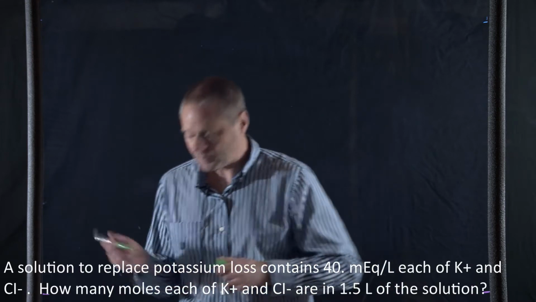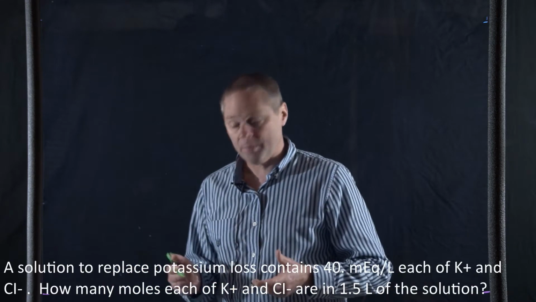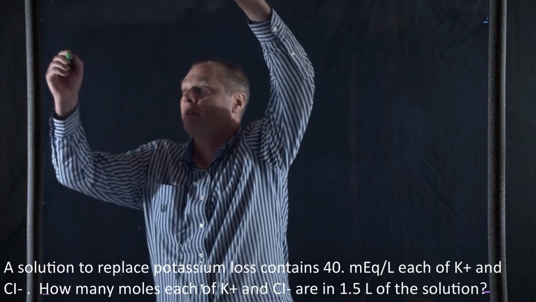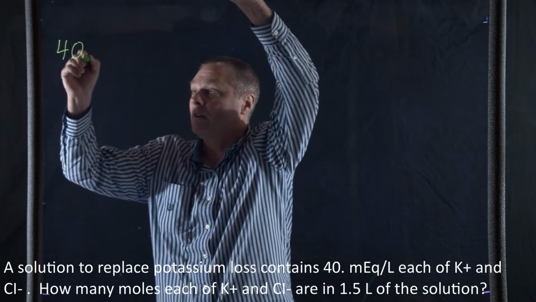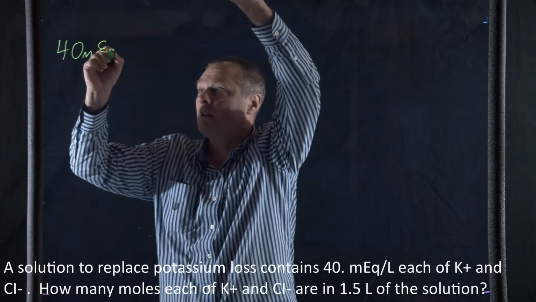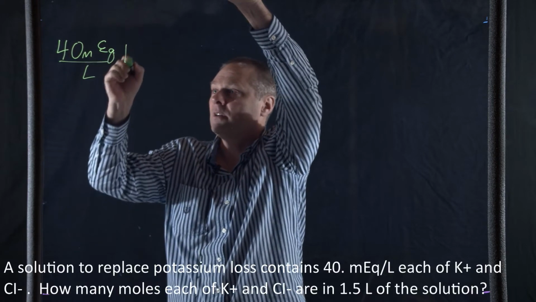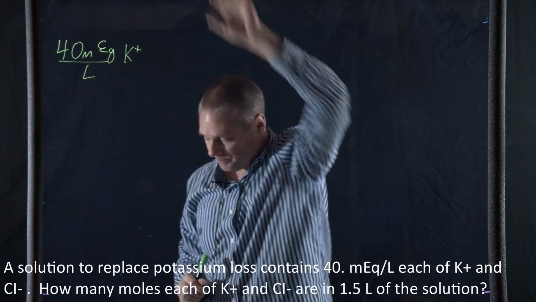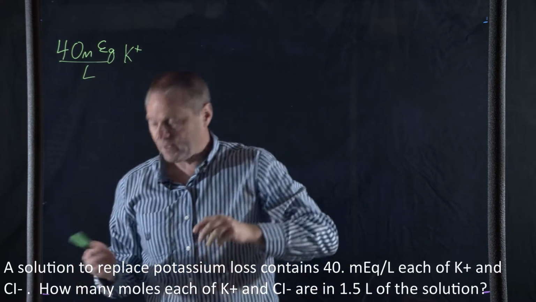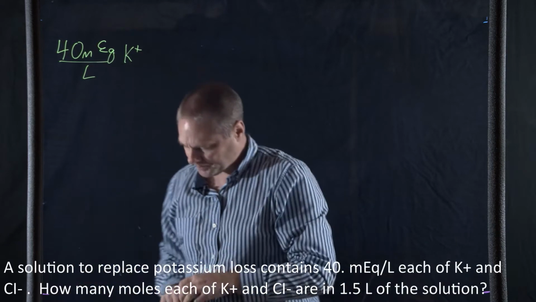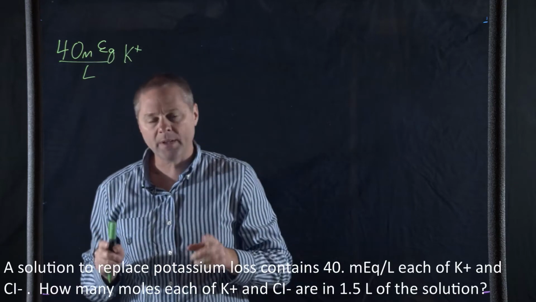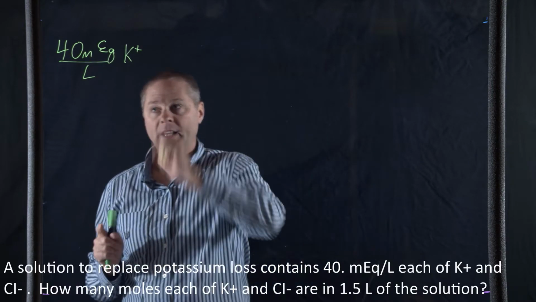All right. So let's first write down the information that's given to us. So we happen to have 40 milliequivalents per liter of the potassium. And likewise, we'll get to the chloride in a little bit. But what we want to be able to calculate is the number of moles of potassium in this.